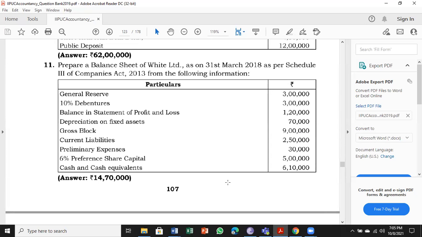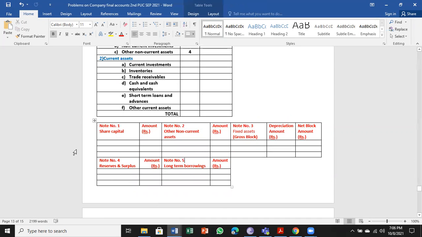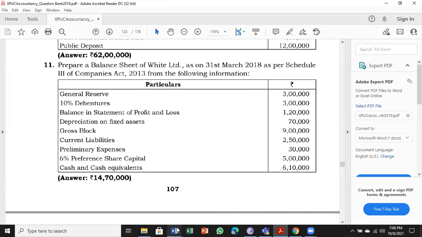First is general reserve. I told this comes under reserves and surplus. So I have done note number 4 here. Under that I will write general reserve amounts to 3 lakhs.